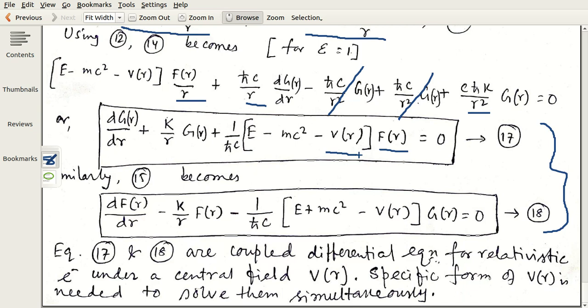In the next class we will take V(r) as the Coulomb potential. That means we will solve the Dirac equation for the hydrogen atom. That is enough for today, so we stop here.